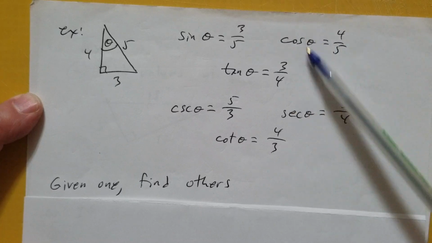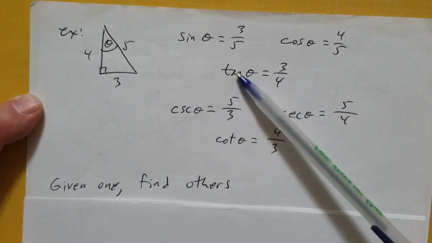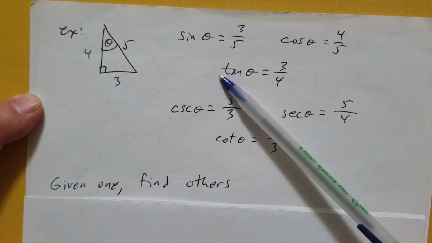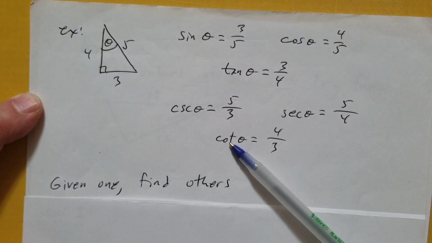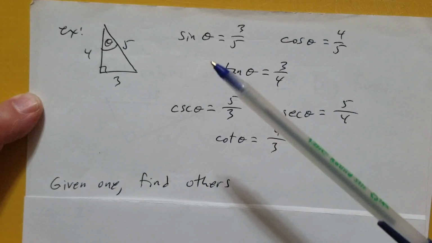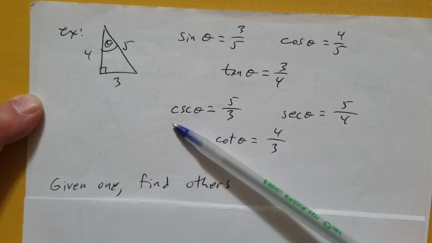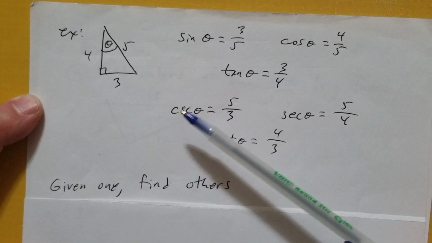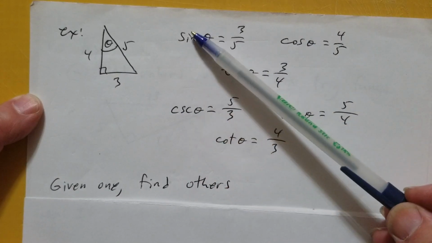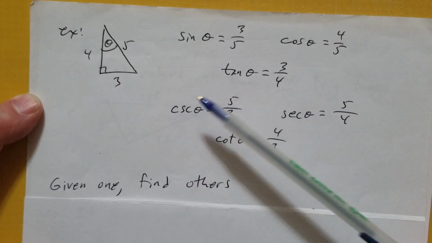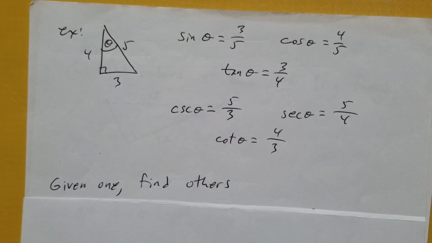So they go together. Tangent, there is no co there. There is a co in the reciprocal. So in other words, for a trig function and its reciprocal, one has co, the other one doesn't. If it has co, the other one doesn't. If it doesn't have co, the other one does. Wow, that's a lot of words.